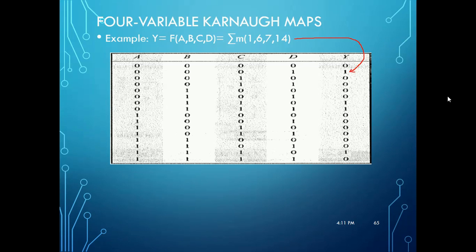So where the min term 1 is lying in the position, I'll just draw that. So 1 is placed here. The 6th min term you are going to place in this particular position, 7th min term in the next position, and the 14th min term you will be placing here. So after writing that, the left out values will be filled by zeros. So that is how we are going to fill the table.